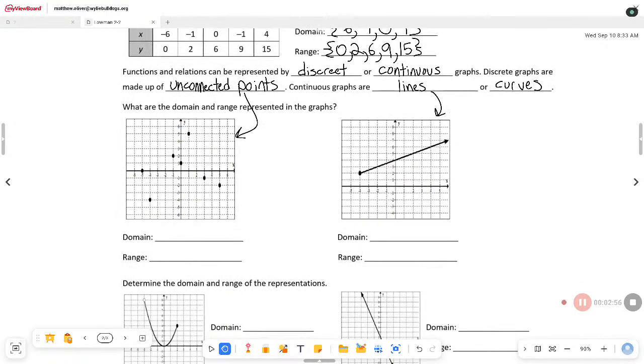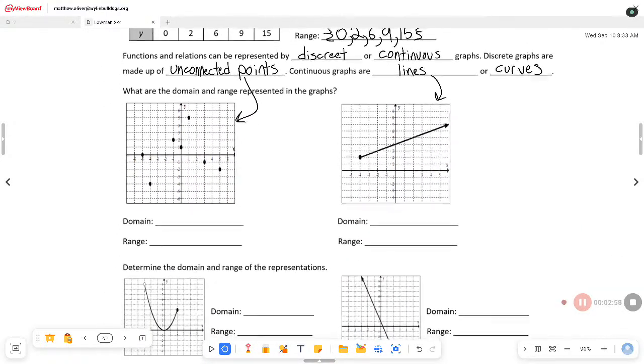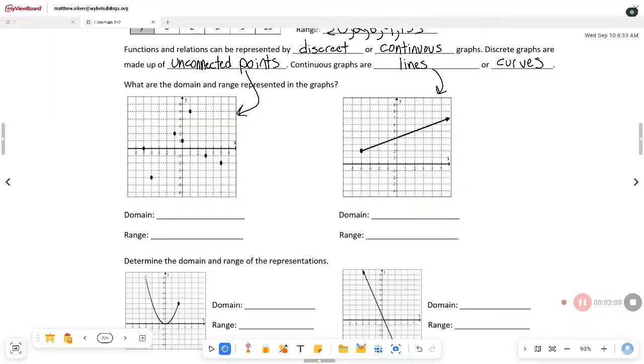If I look at the two of them, we're actually going to list the domain and range in two different ways. So for my discrete, like this one here, listing the domain is just going to be listing the x values of the different points.